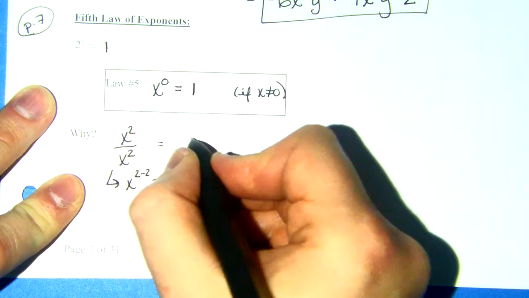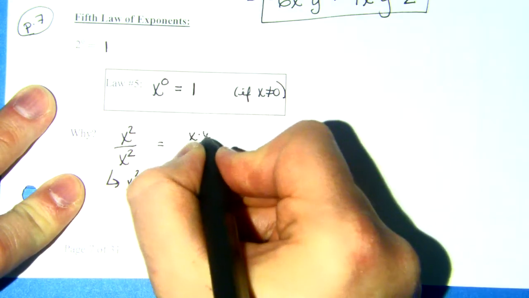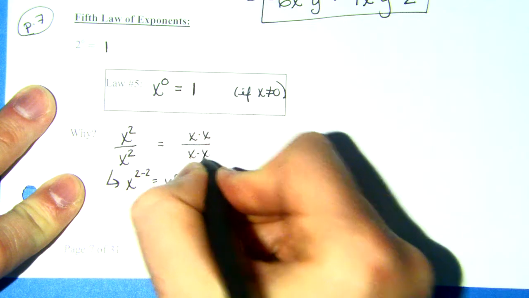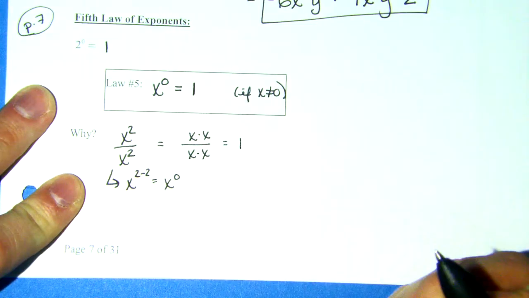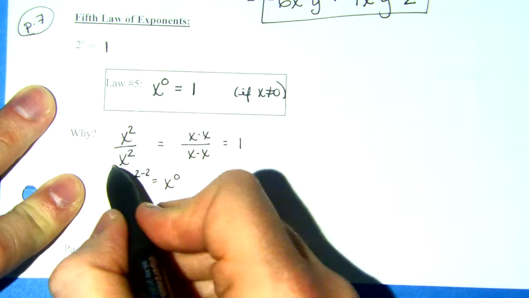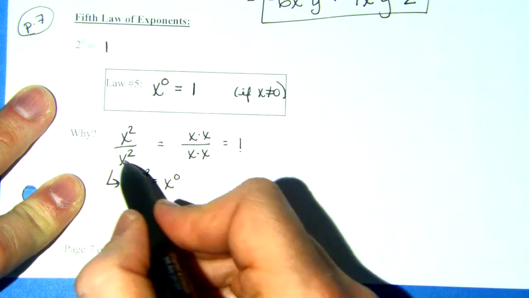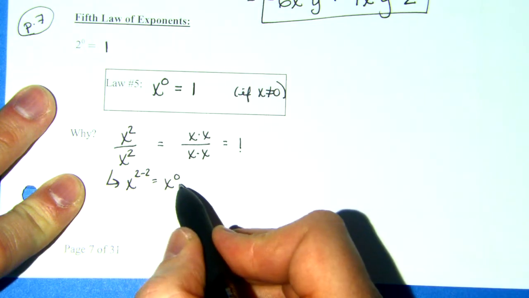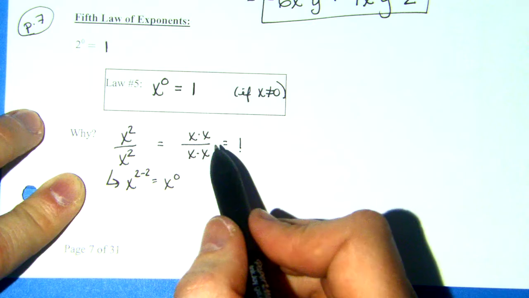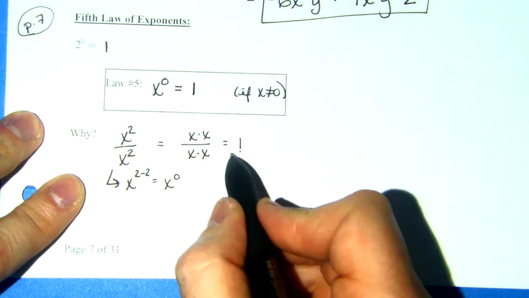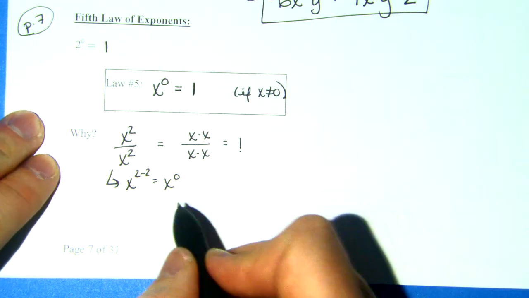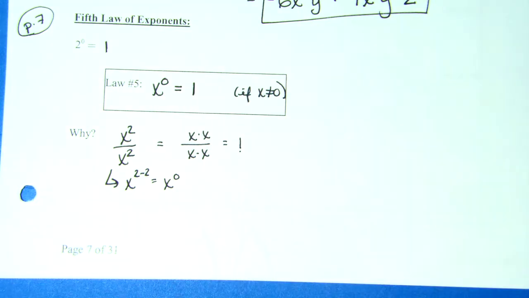But in the same breath, isn't x squared over x squared like saying x times x over x times x, and everything cancels in a fraction, just giving us 1? If I think about it the canceling way, I get 1. If I think about it the subtracting way, I get x to the 0. You're going to have the same amount of stuff on the top, and on the bottom, things are going to cancel, and you're going to get 1. X to the 0 is just going to give you 1.